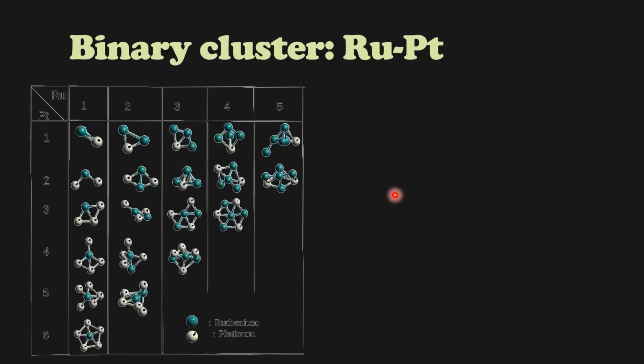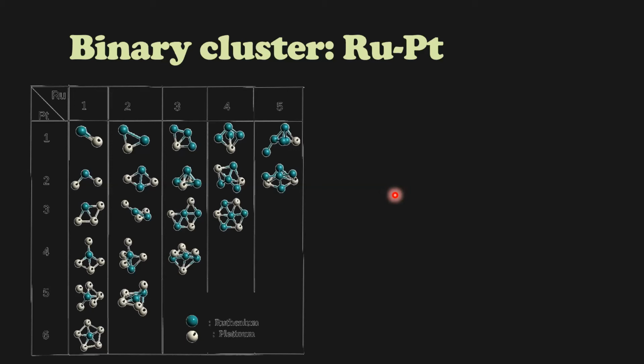Then we also made binary clusters. The homo-elemental clusters have been studied a lot, but binary clusters not so much because they are more challenging. The usual method is to take a particular composition and then do a global optimization study to find them.